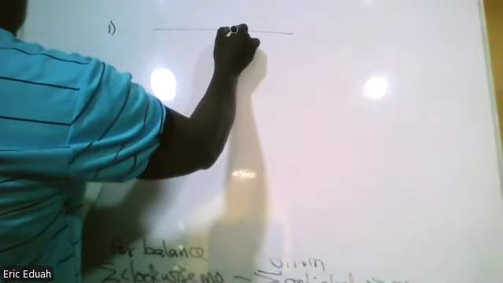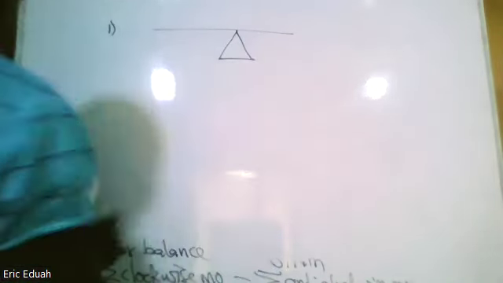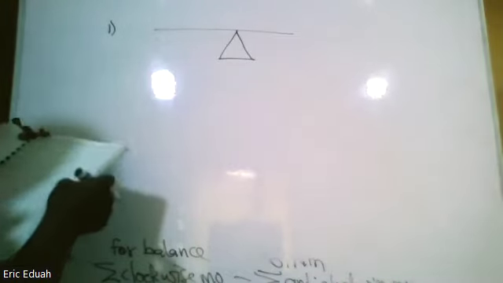So we have a set of questions. Find the values of the unknown forces, and I'm going to give you two questions. Question one. There's a diagram. It is pivoted.